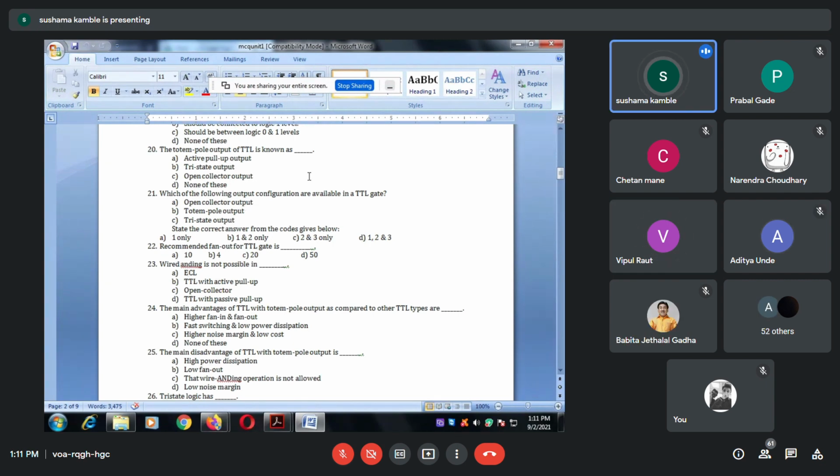So what is the question now? Which of the following output configuration are available in a TTL gate? Oh no, sorry. The totem pole output of TTL is known as. Tri-state बोलते हैं क्या उसको? Totem pole को?